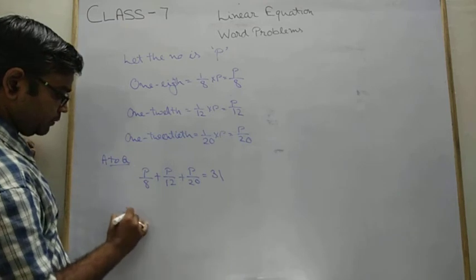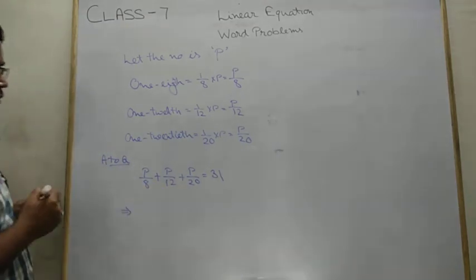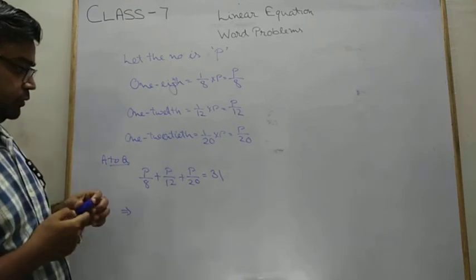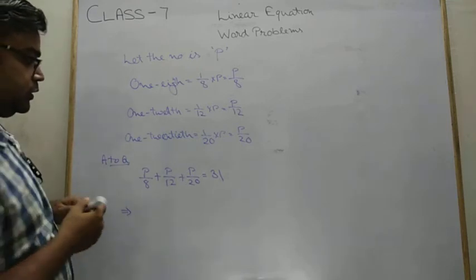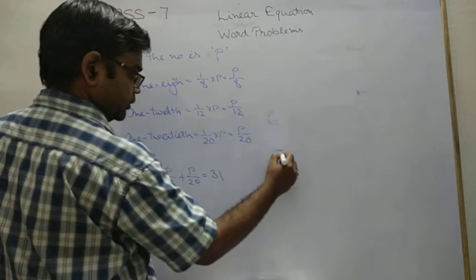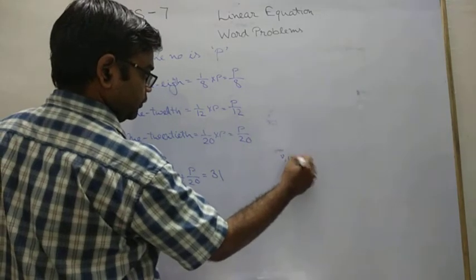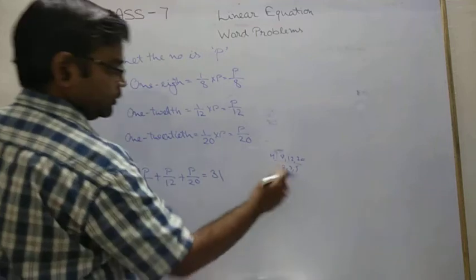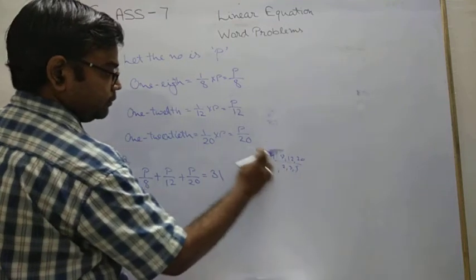Find the LCM of these three numbers. Let's check what the LCM is. For 8, 12, 20: 4 2s are 4, 3 4s are 12, 5 2s are 10, 10 3s are 30, 30 4s are 120.